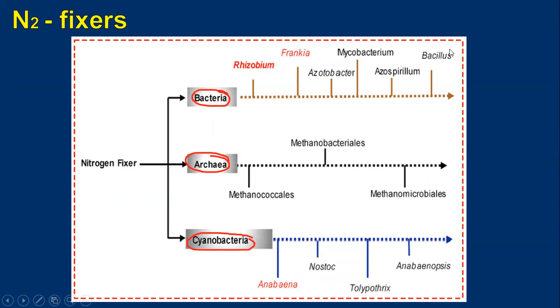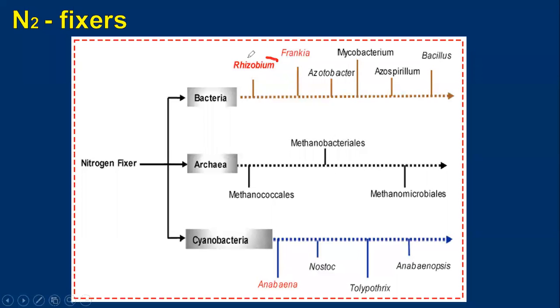If it is coming under the bacterial group, then you can call them Rhizobium, Frankia, Acetobacter, Mycobacterium, Azospirillum, and Bacillus. If it is coming under the archaea group, then Methanococcus, Methanobacteriales, Methanomicrobiales; cyanobacteria like Nostoc, Anabaena, etc. These are not all mentioned in the NCERT, so I'll highlight what is mentioned so that you can study those things.